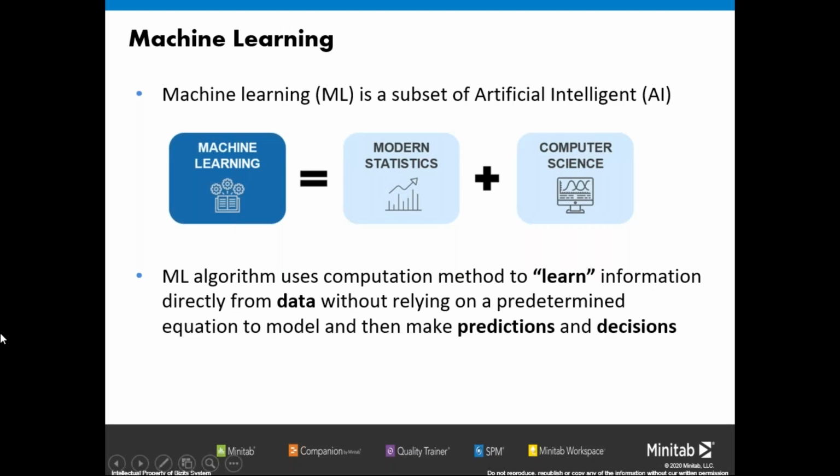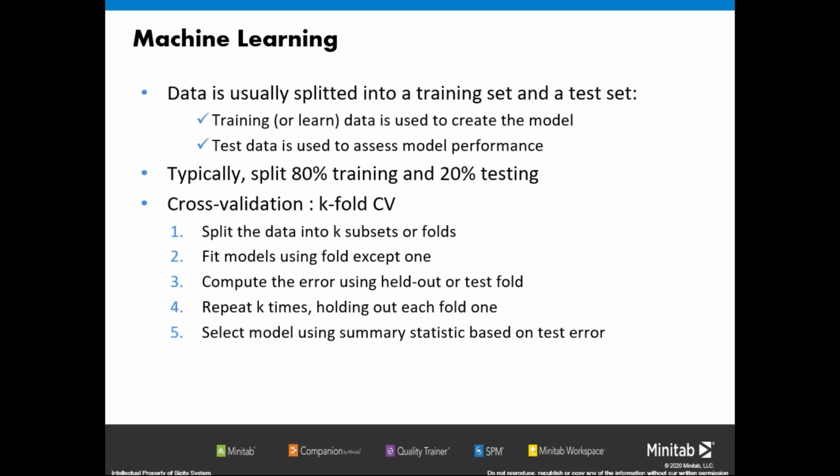So machine learning learns from historical data and moves forward to make predictions and decisions. The main concept of machine learning is splitting data into a training set and a test set. The training set, sometimes called the learn data set, is used to create the models, and the test set is used to assess the model performance.